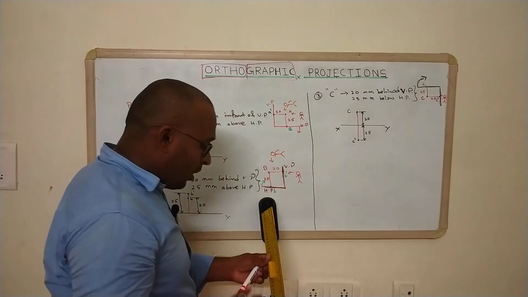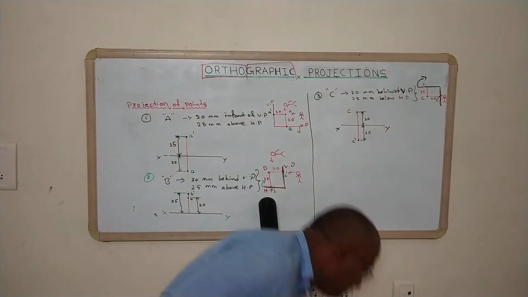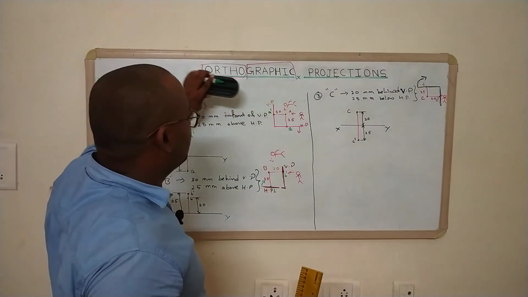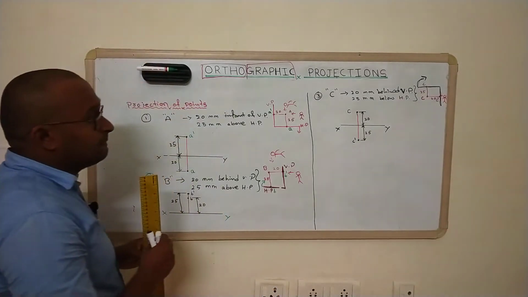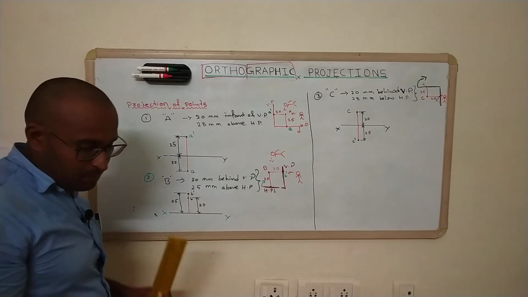So this is the way how we need to solve when an object is placed in the third quadrant, that is also known as third angle projection.